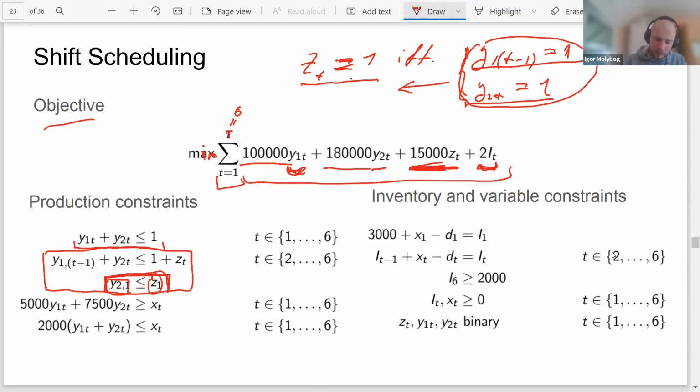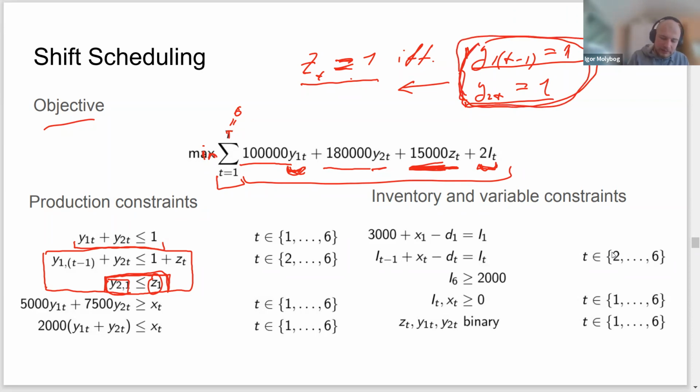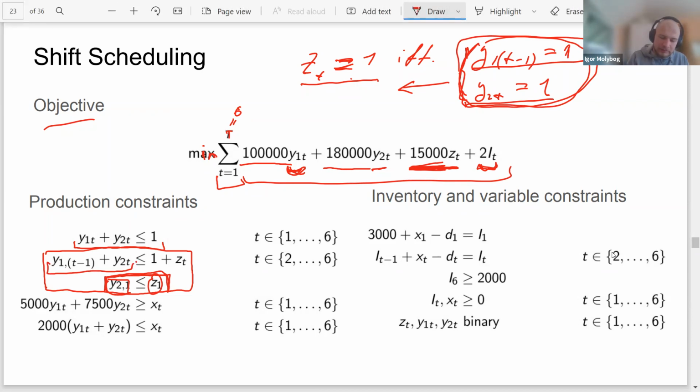And how do we say it? Well, in case this thing is happening, then this summation here is equal to 2, and therefore 2 must be less than or equal to something which is upper bounded by 2 actually. So in this case this summation also must be equal to 2, and therefore zt must be equal to 1.